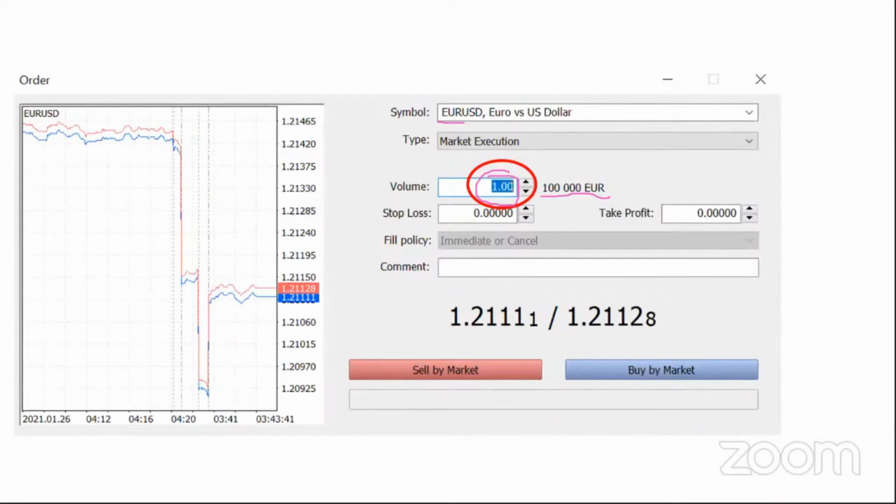Okay? So, if we make some computations off of that, so let me get a clear chart. Using a standard account, if we have a volume of 1.00, you're actually trading 100,000 units of euro. Now, given the exchange rate of euro USD, sabihin natin yung EU natin is 1.1500.